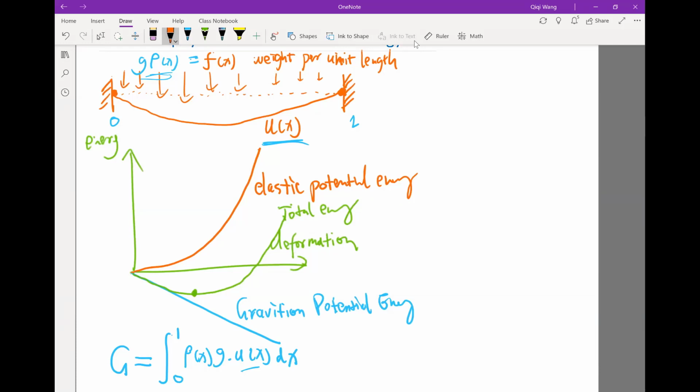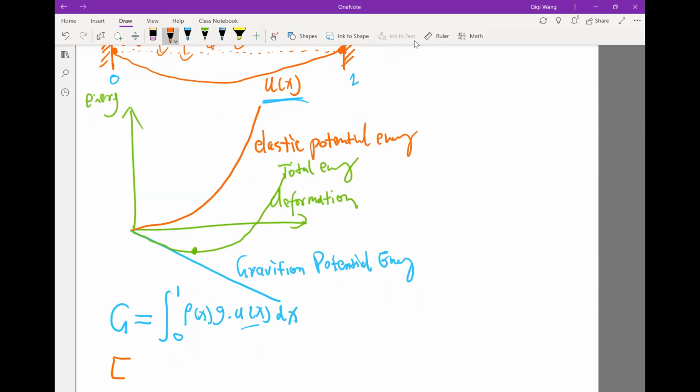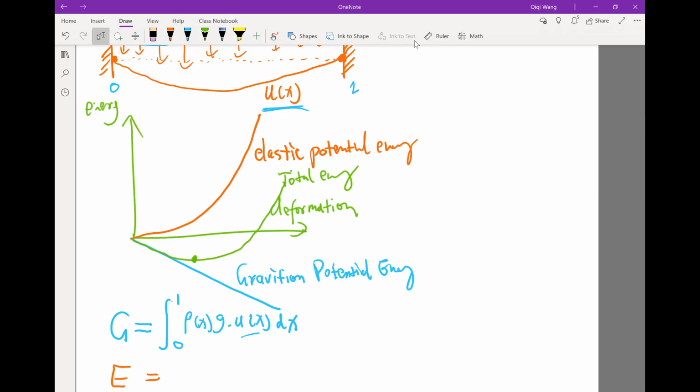How about the elastic potential energy? Let me just call it E. How would you describe E? You would need to know the properties of the rope, right? Yes, I need the property of the rope.